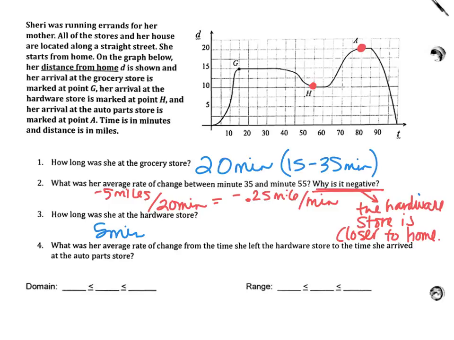All right, so we're just going to notice that her distance is changing from 10 miles from her house to, let's see, 20. And it's going to take from 55 minutes until 80 minutes to get there. So that is going to be an increase of 10 miles for every 25 minutes, because I'm going from 55 to 80, so 25 minutes.